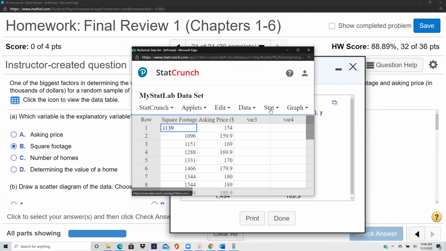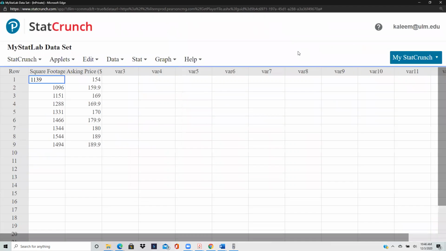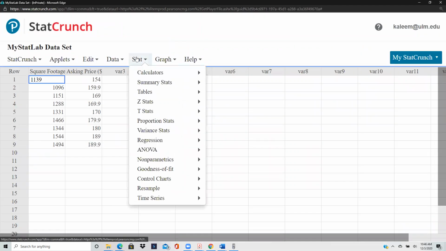Let's see if you remember after looking at the menu. Yeah, look at the menu and see if your memory clicks.